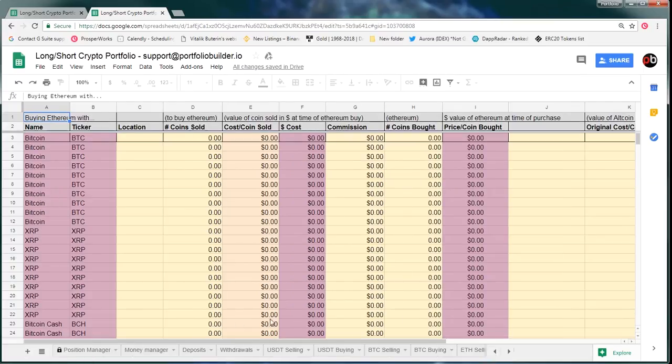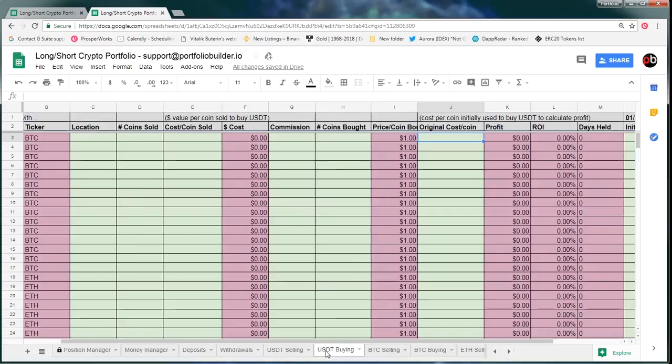Now let's just say we want to make a withdrawal. So we're going to now convert some of our Bitcoin into Tether, and then we will withdraw the Tether to our bank account. Okay, so let's just say we sold 1 Bitcoin today with no profit.